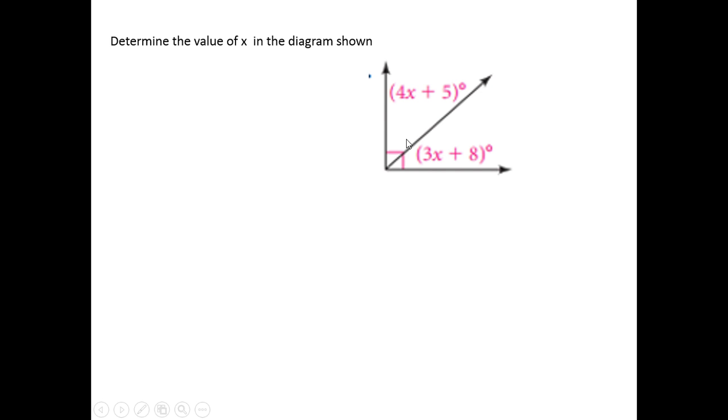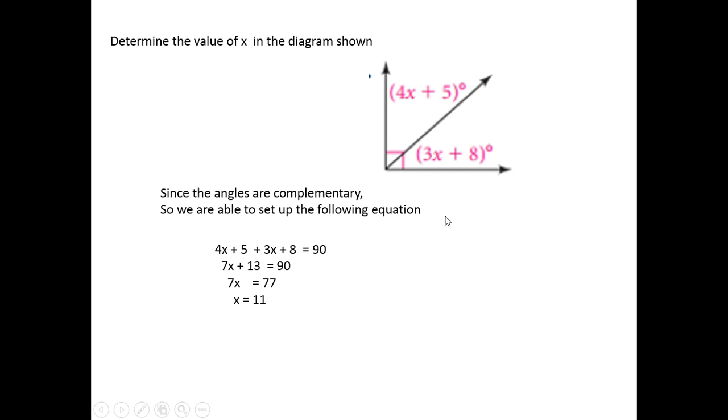Here we have two angles that are adjacent and complementary. We know they're complementary because the box indicates a right angle is formed between the two of them. Our angle addition postulate tells us that these two angles sum to 90 degrees.